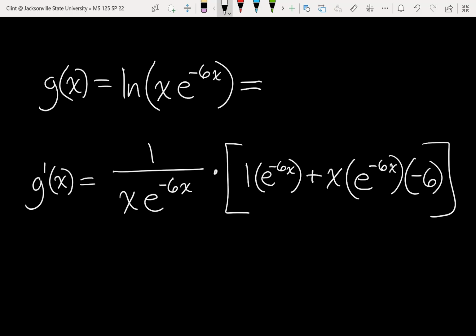If we want to rewrite that thing, go back to 112. Yeah, you could do it with quotient rule, but if we have a product inside of a logarithm, what can we do with it? What's it turn into?